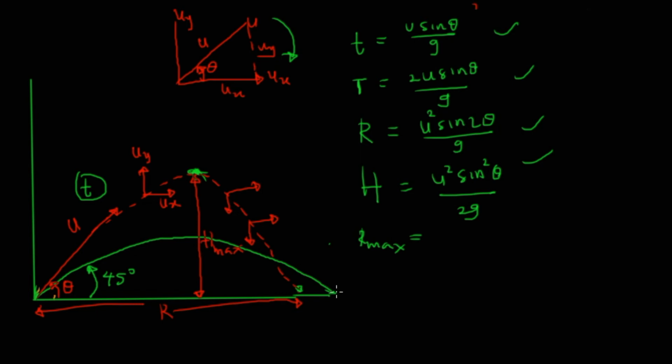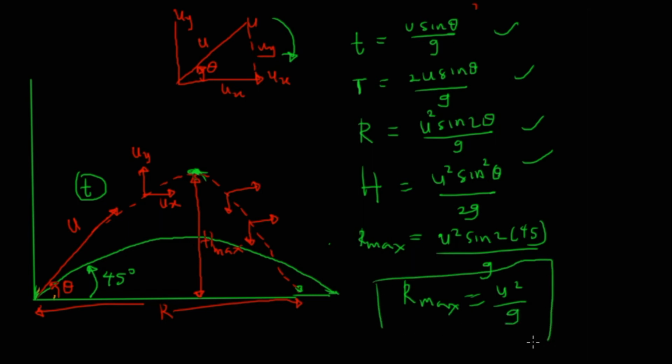So in this case, R max will be equal to u squared sine 2 times 45 degrees, upon g. Notice that 2 times 45 is 90, and sine 90 degrees is 1, so the formula to find the maximum range is u squared upon g. So this is the formula to find the maximum range.